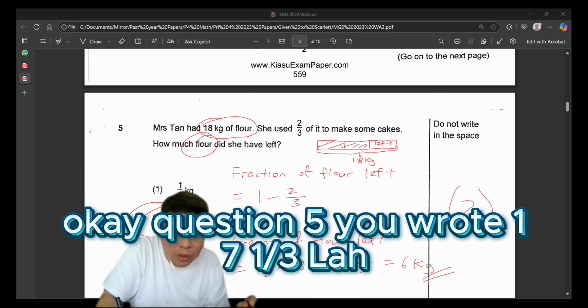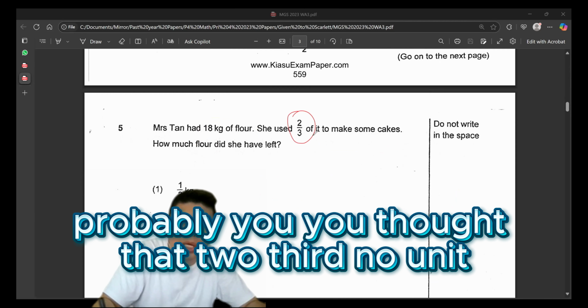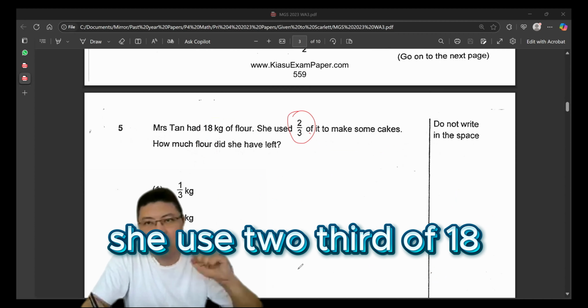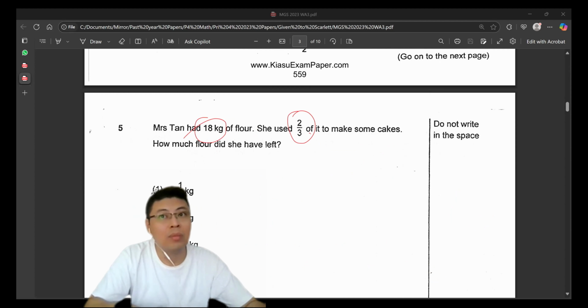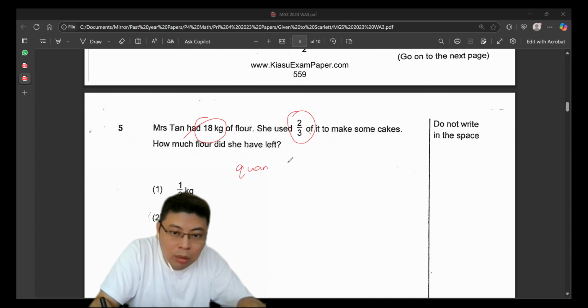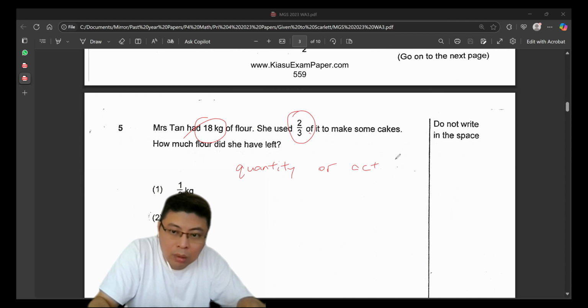Okay, for question 5 you wrote 17 and 1/3. Probably you thought that 2/3 had no unit. She didn't use 2/3 kilogram, she used 2/3 of 18. So you need to know whether the fraction indicated is a quantity or an actual fraction.